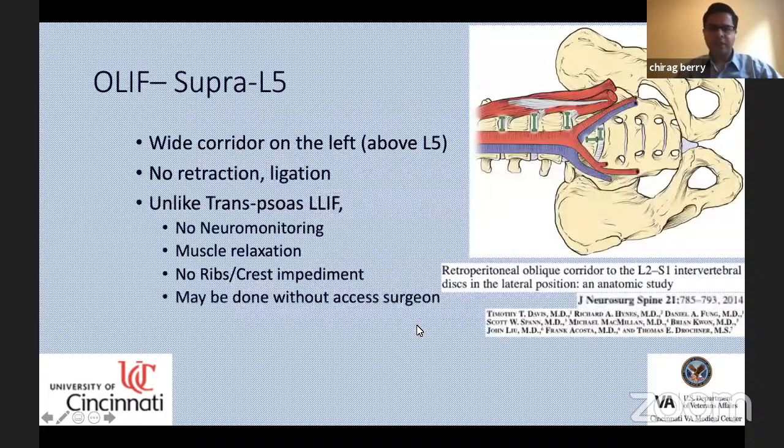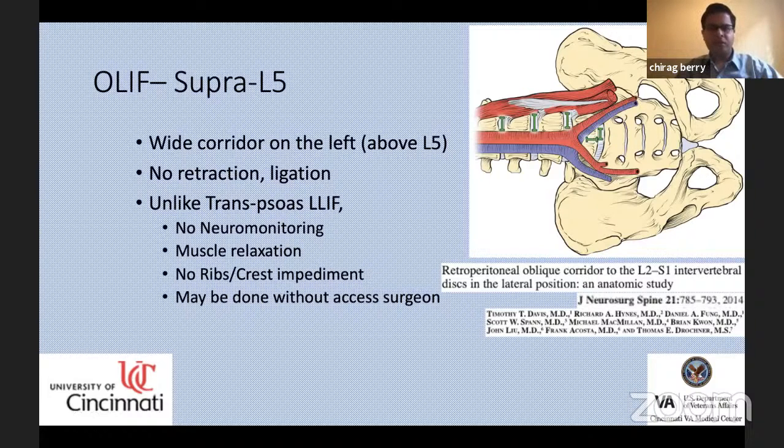So as we discussed in the previous talk, going obliquely at levels above L5, you have a wide corridor between your left psoas and your aorta. So you have a wide natural corridor that you can take advantage of. You often don't require a whole lot of retraction of the vessels, and obviously you often don't require to ligate any of the segmental veins to get a safe approach, especially for interbody fusion.